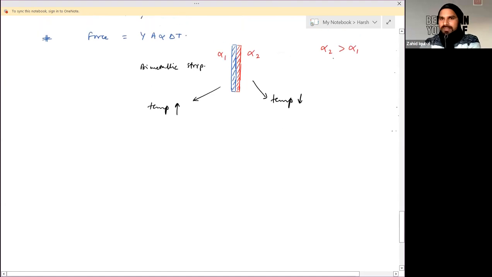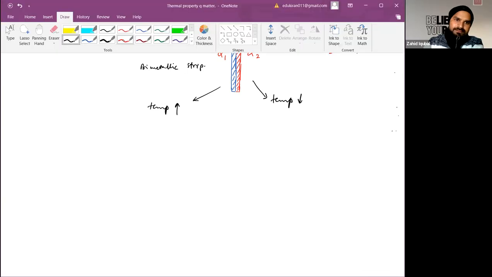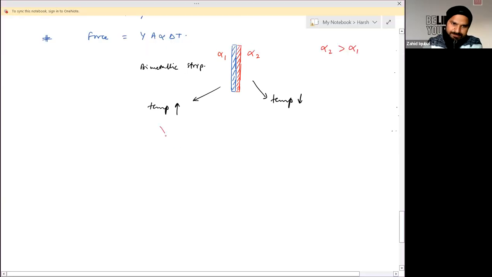This alpha simply defines the rate of expansion or compression with change in temperature. Since alpha 2 is greater than alpha 1, on changing by the same amount of temperature, there will be more expansion in the second rod as compared to the first rod. Is it clear? Yes, sir. So it will tend to bend like this.